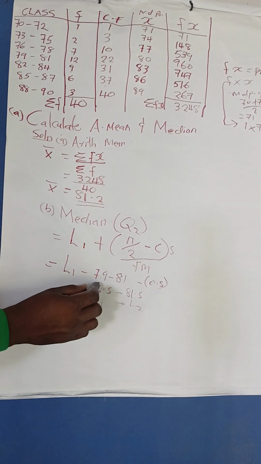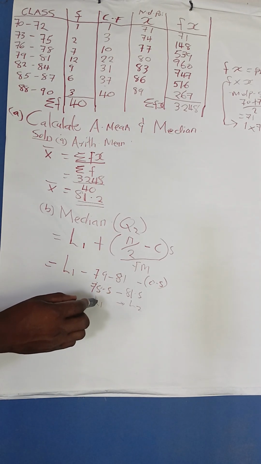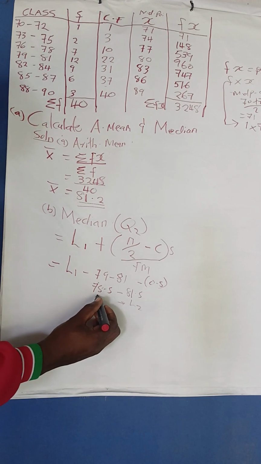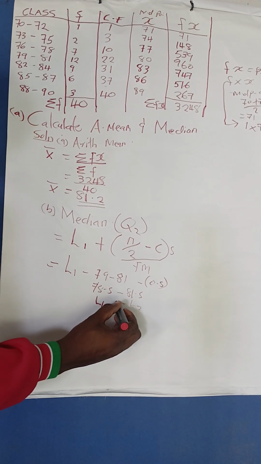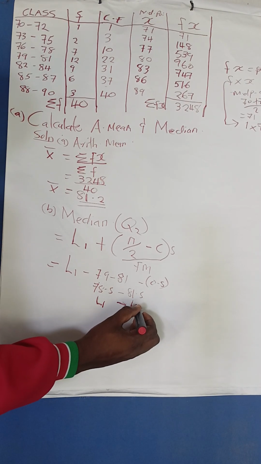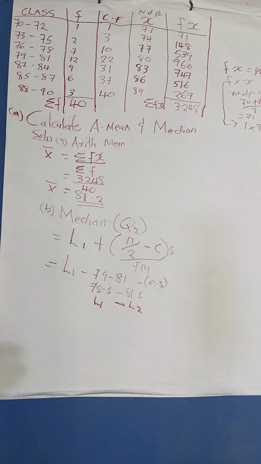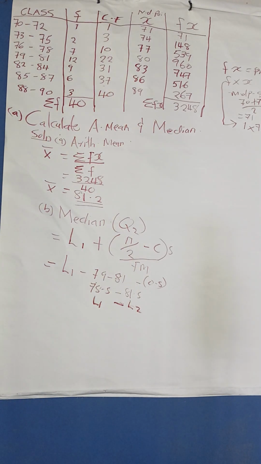The one you have subtracted becomes your L1, and the one you added becomes your L2. So 81.5 is L2, and 78.5 is L1. I will show you where we are using L2.